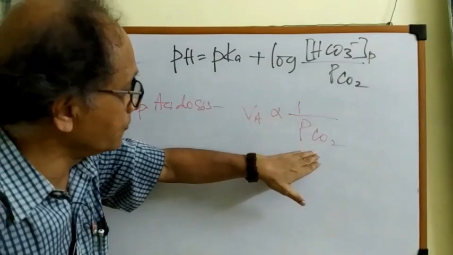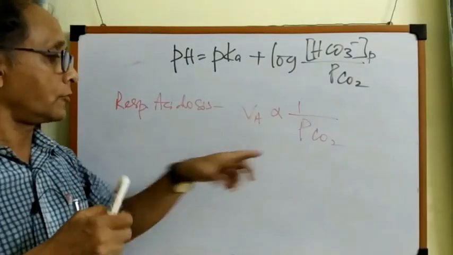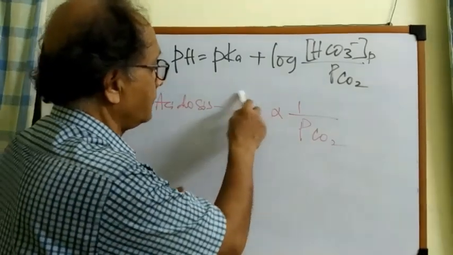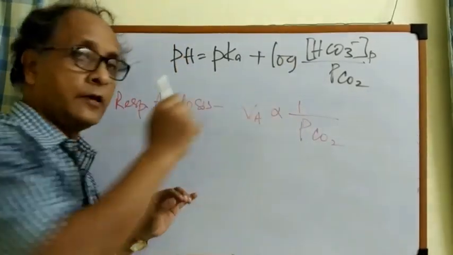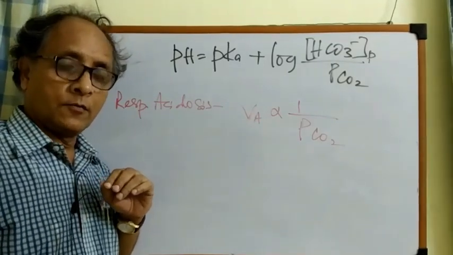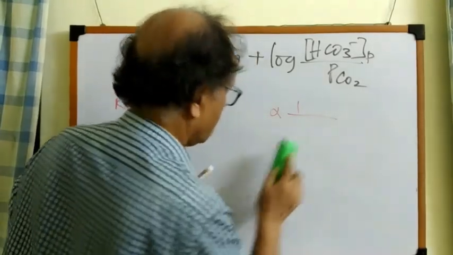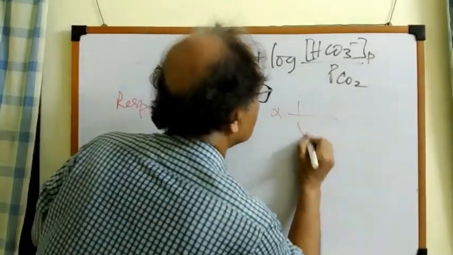So if PCO2 increases or decreases, alveolar ventilation decreases or increases. So if the alveolar ventilation is reduced, PCO2 will rise. Or we can write it like that also.